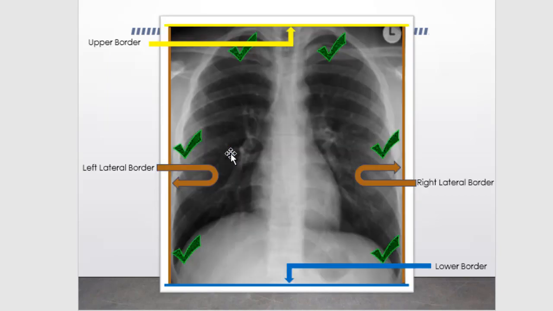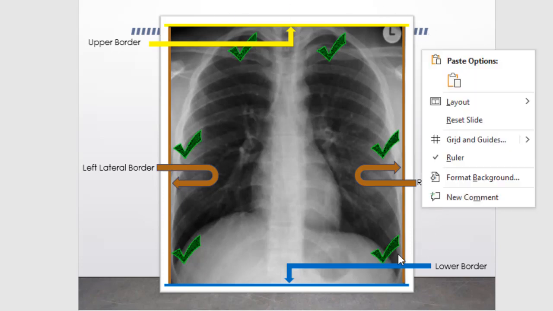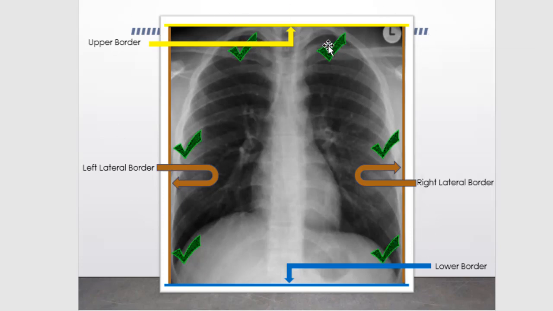Whenever you talk about the border for area, for example for a chest X-ray here, we need to talk about the upper border first. The upper border should include both apices of the lungs. In this case, you can see that the apices of the lungs are included, therefore you can conclude: for area of this PA erect chest, the upper border includes both apices of the lungs.